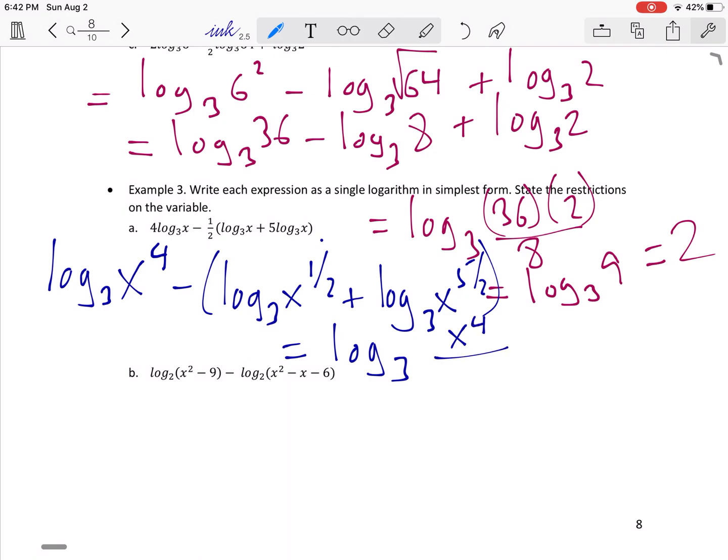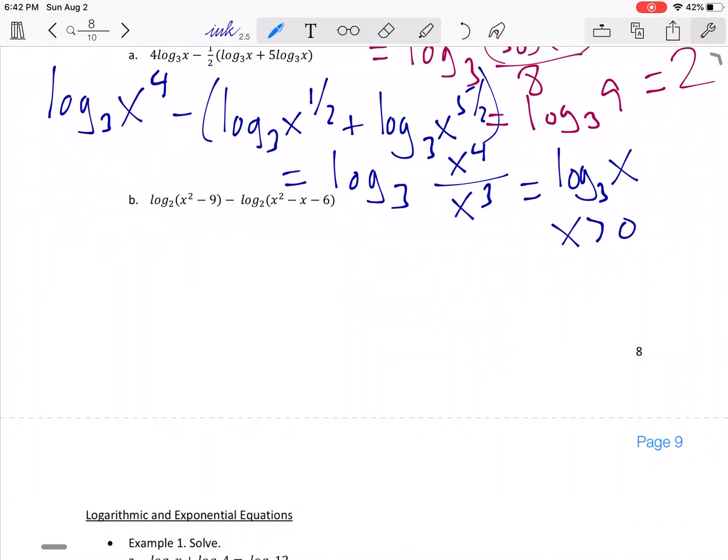And then on the bottom there you've got x to the 1/2 and x to the 5/2, which is going to be 6 over 2, which is x cubed, because that's being subtracted. And so this is just going to be log base 3 of x. Okay, and notice the question says to state the restrictions. So the restriction here is x has to be greater than 0.